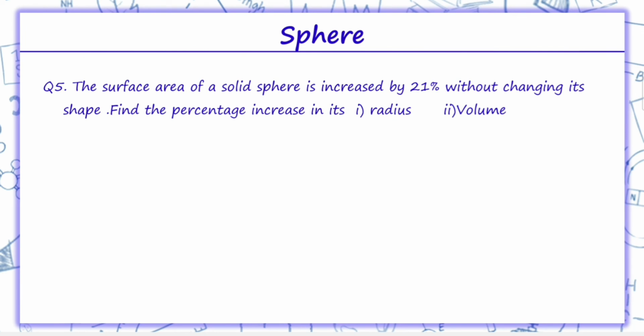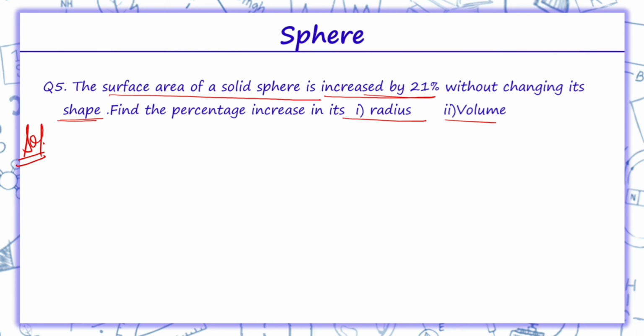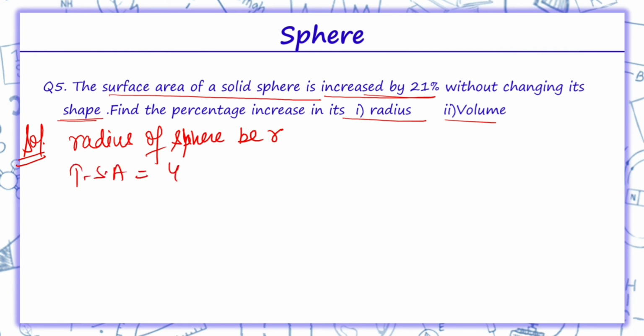Next question is, the surface area of a solid sphere is increased by 21% without changing its shape. We have to find the percentage increase in its radius and volume. So, let's suppose the radius of the sphere be r. Obviously its total surface area will be 4 pi r square, and this is equal to S. Now the surface area is increased by 21%.